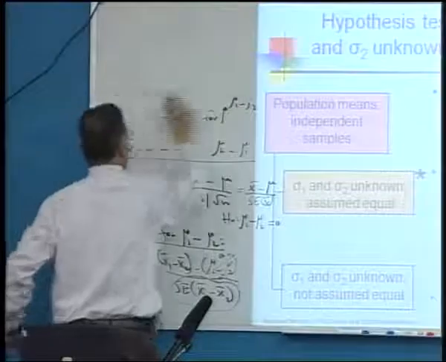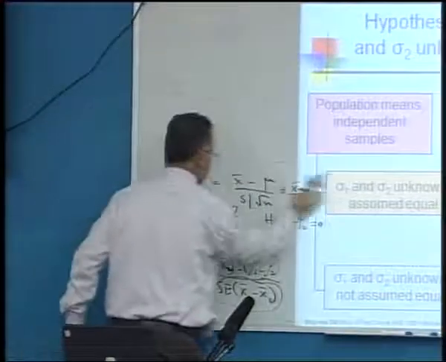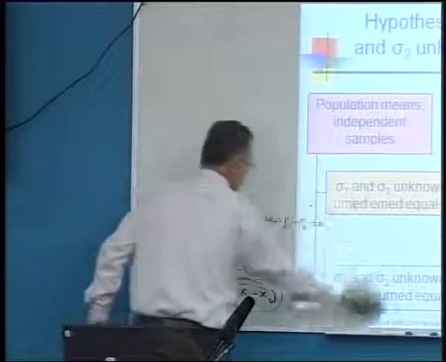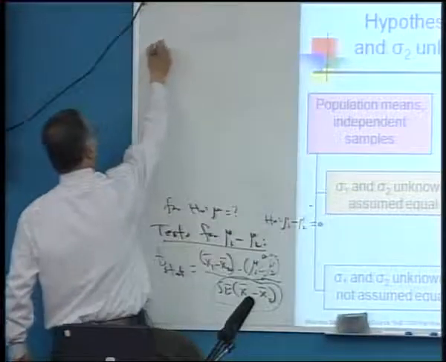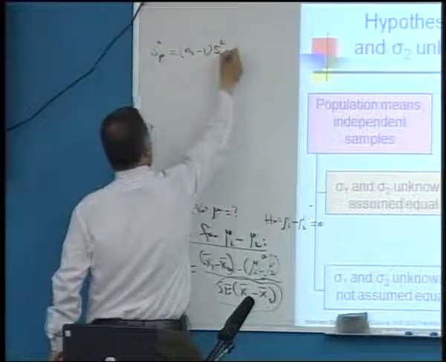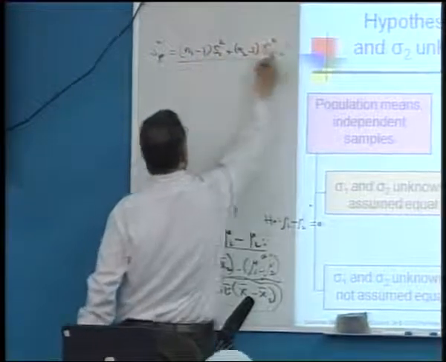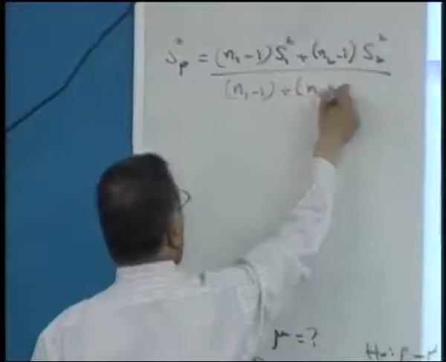First of all, we have to compute the pooled variance: s_p squared equals (n1 minus 1) s1 squared plus (n2 minus 1) s2 squared, divided by (n1 minus 1) plus (n2 minus 1).